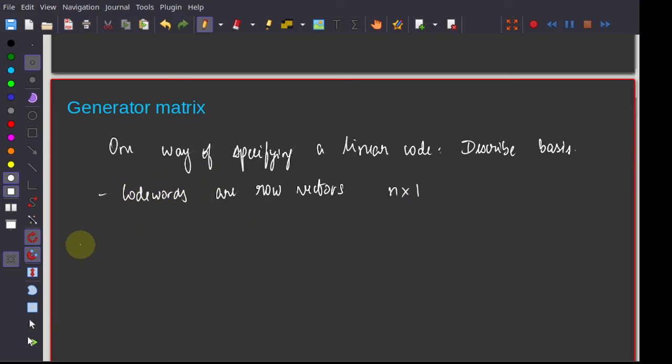So I can describe the basis in terms of a k by n matrix. Oh, sorry, 1 cross n.